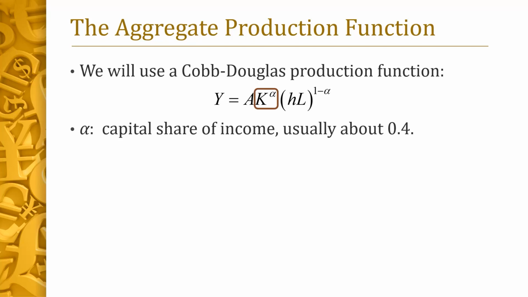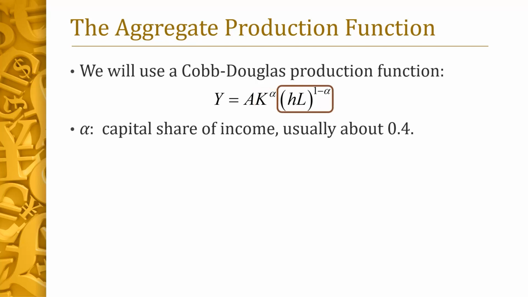The parameter alpha is interpreted as the share of national income that goes to capital and is usually estimated at about 0.4. That is, about 40% of national income is received by the owners of capital in the form of interest, dividends, rents, and so on, while the remaining 60% is received by workers in the form of wages.